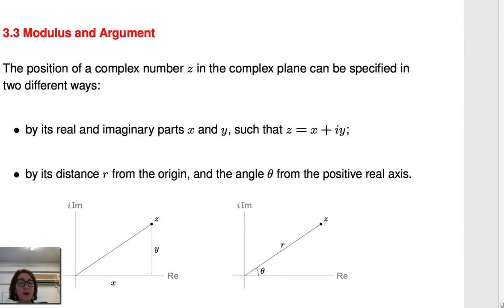Today in this video we're going to continue our work with complex numbers, and up until now we've been representing a complex number like this, and we've called that Cartesian form.